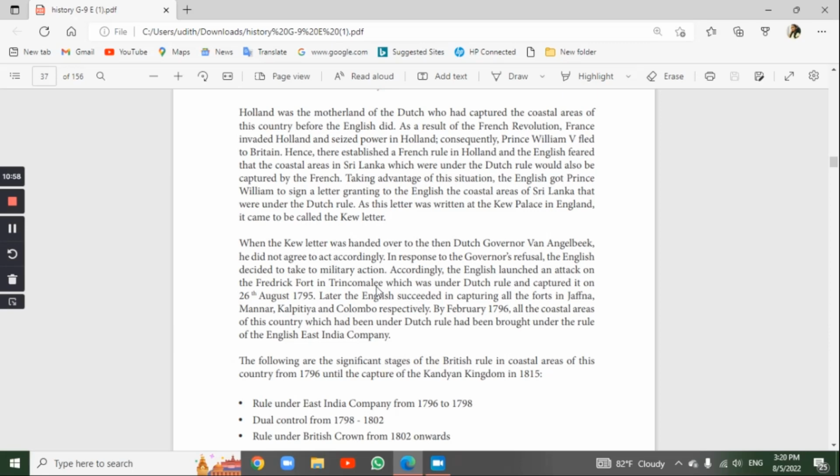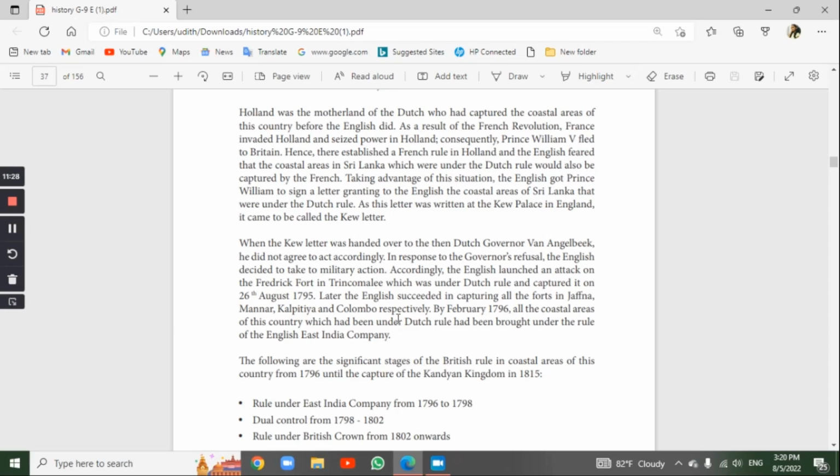Governor Van Engelbeck refused to give in. So the English thought of taking military action, which means war action, and launched a big attack on Frederick Fort in Trincomalee, which was under Dutch rule, and captured it on 26 August 1795.